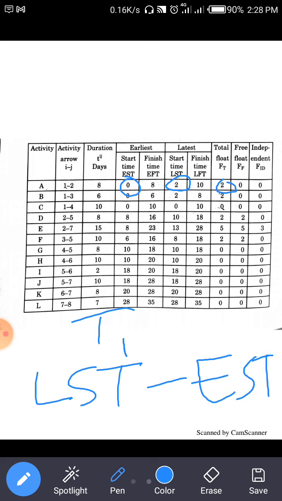For activity 1 to 2, latest starting time is 2 and earliest starting time is 0. So total float is equal to 2. This is called total float. Clear? Total float is equal to latest starting time minus earliest starting time.